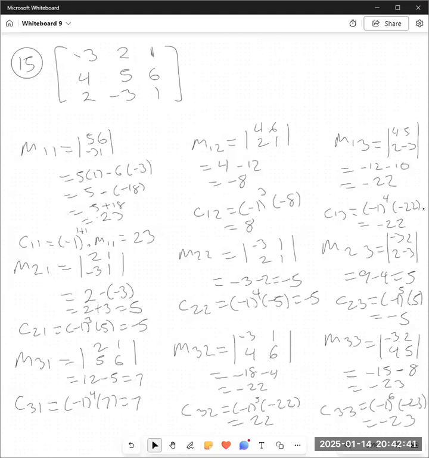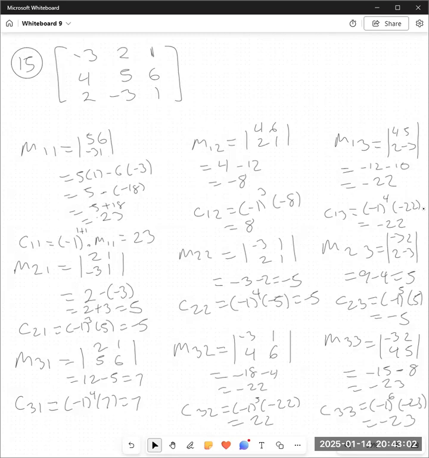So when we talk about minors and cofactors, and that being a way of expanding to find a determinant when we don't have a 2 by 2, this is what we mean by a minor and a cofactor. Now it actually gets a little bit easier than this.